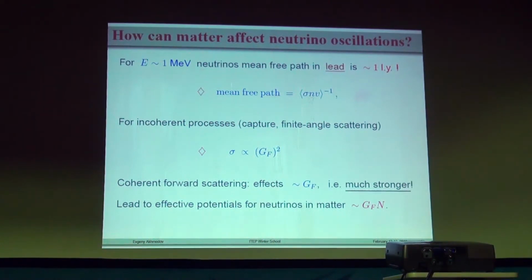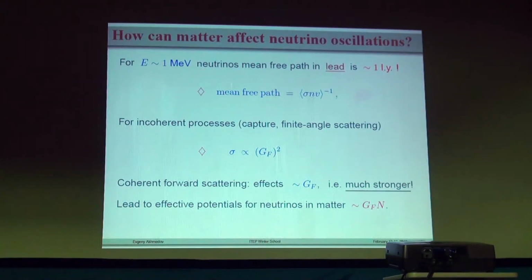And the forward scattering is coherent. And in this case, the amplitude of this process is not proportional to the Fermi constant squared, but to the Fermi constant. The potential which is produced by matter for neutrinos is linear, of first order in the Fermi constant. That's one explanation of why matter may be important for neutrino oscillations.